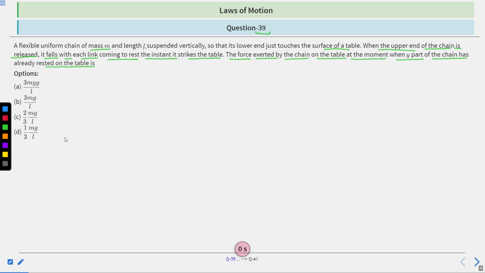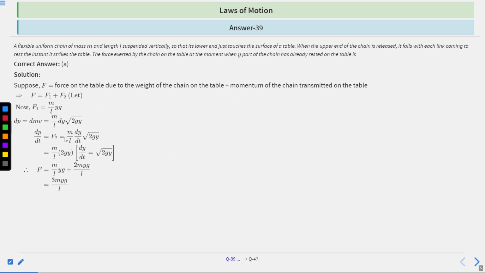Let's find the solution. According to the question, mass m and length L, suspended vertically so that its lower end touches the surface of the table. When the upper end of the chain is released, it falls with each link coming to rest the instant it strikes the table.